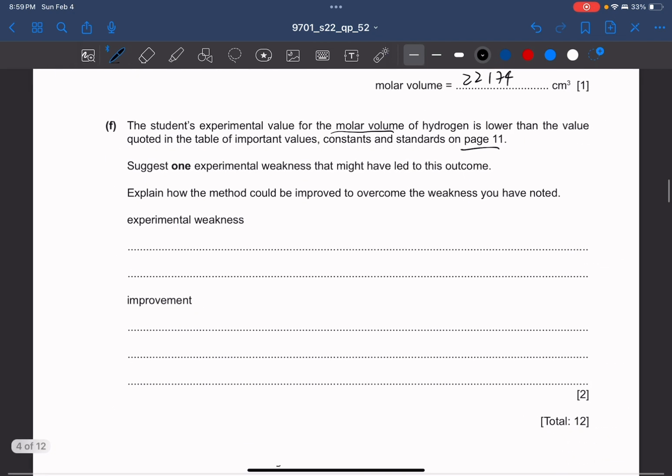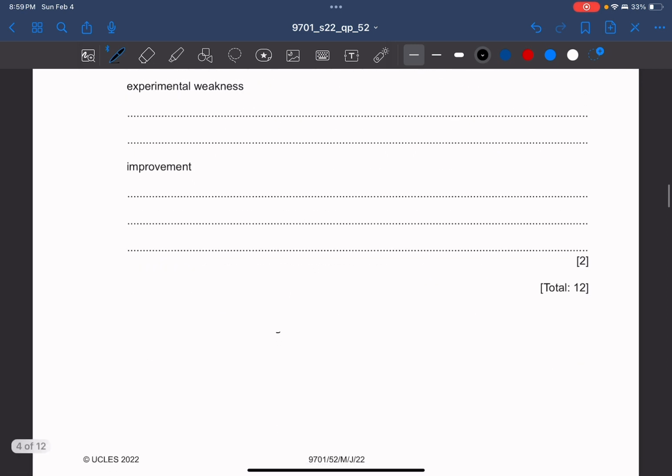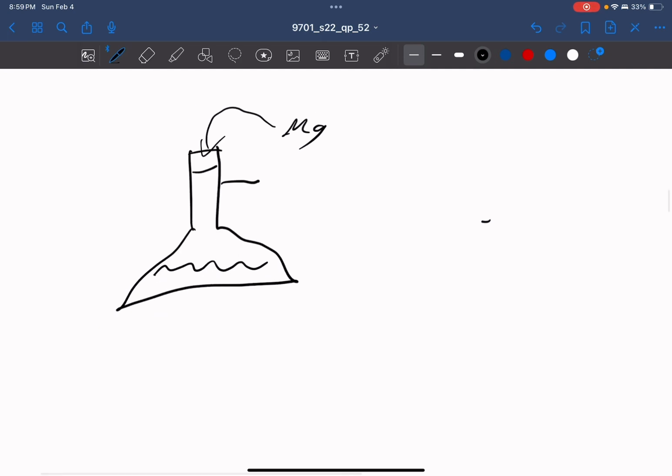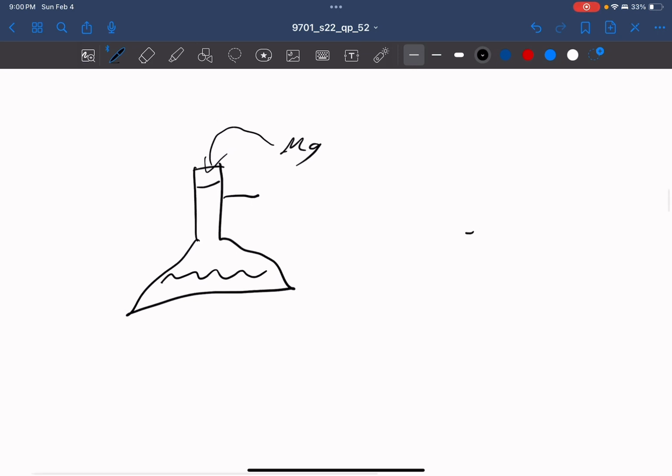So if you recall, here in the experiment we had our conical flask with HCl, and then we put in Mg, and only after we put Mg we try to stopper it, right? So even if you are very fast to stopper the flask, Mg plus HCl is a very reactive reaction.